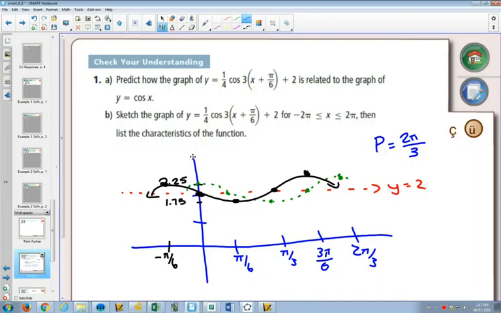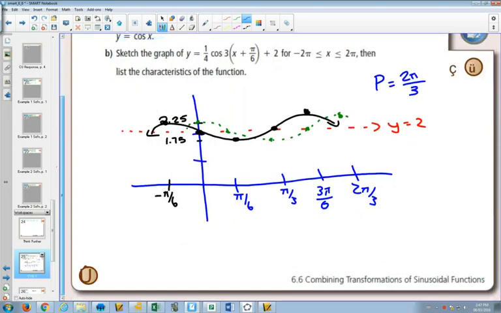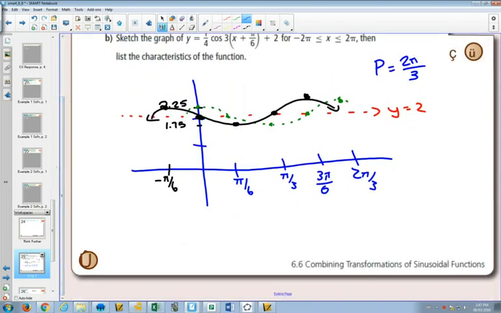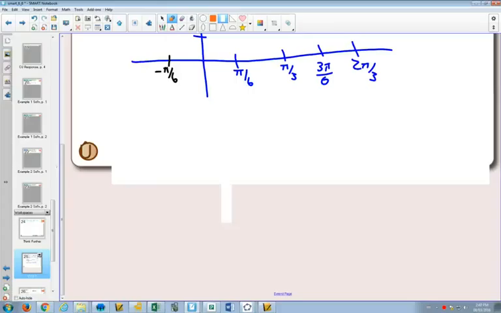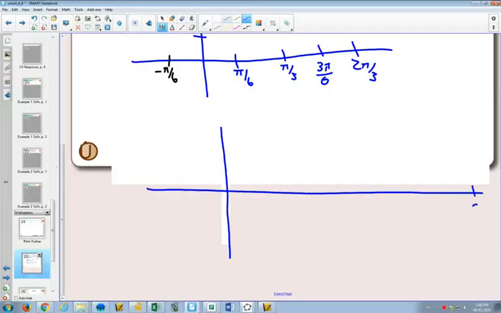So if you had to, I would again draw it like this to begin with. And then if you really had to have it go in between there and draw it from 0 to 2 pi, what would that look like? So now I'm going to mark 2 pi here. Where is 2 pi over 3?